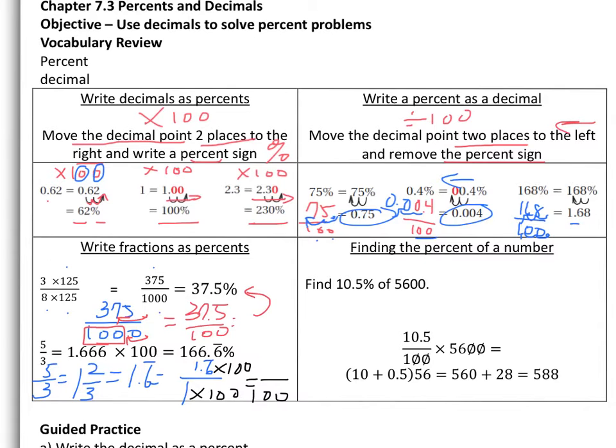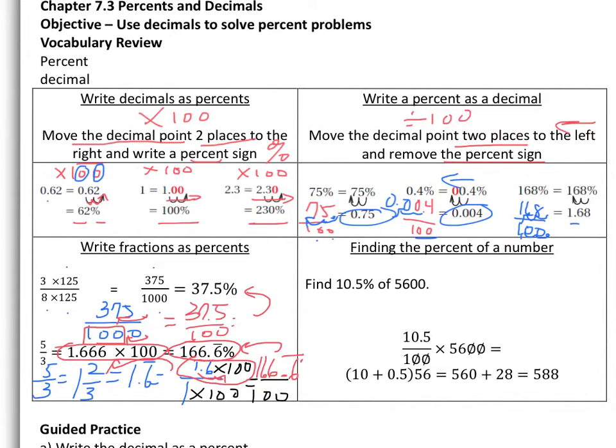Then I can shift the decimal in the numerator 2 places to the right, 166.6 repeating. And this step is the same thing as this step here. So we would get 166.6%.